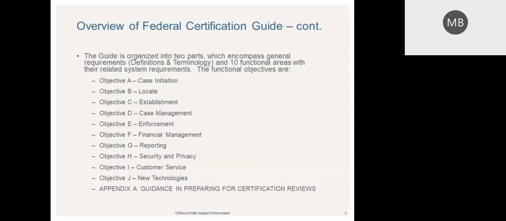The functional objectives are case initiation, locate, establishment, case management, enforcement, financial management, reporting, security and privacy, customer service, and new technologies. Our primary focus today is Appendix A, guidance in preparing for certification reviews.